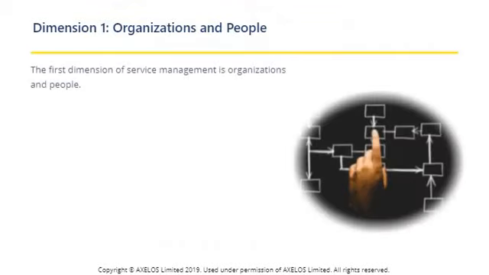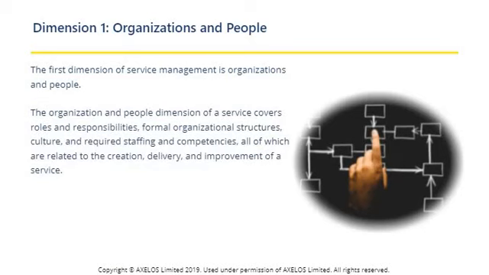The first dimension of service management is organizations and people. The organization and people dimension of a service covers roles and responsibilities, formal organizational structures, culture, and required staffing and competencies, all of which are related to the creation, delivery, and improvement of a service.